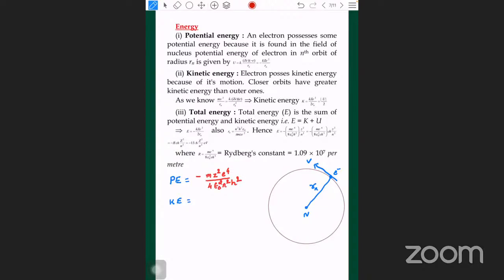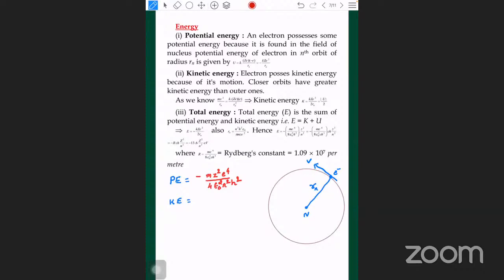After putting in the radius value and simplifying, we get this final expression.